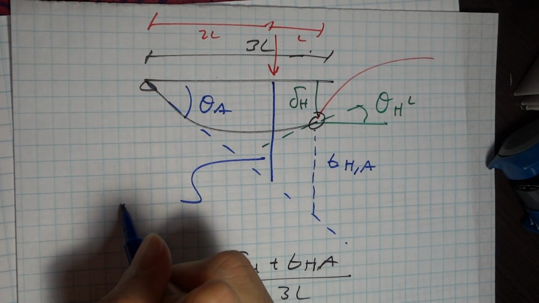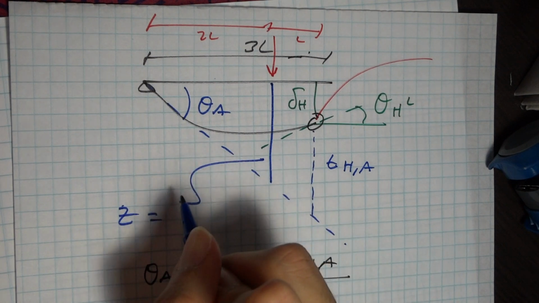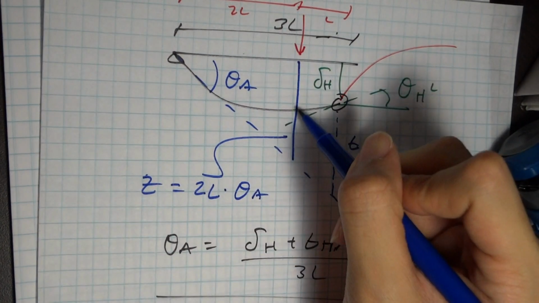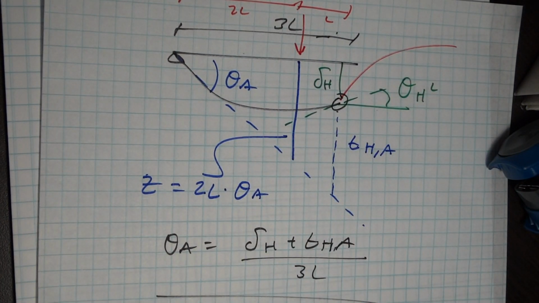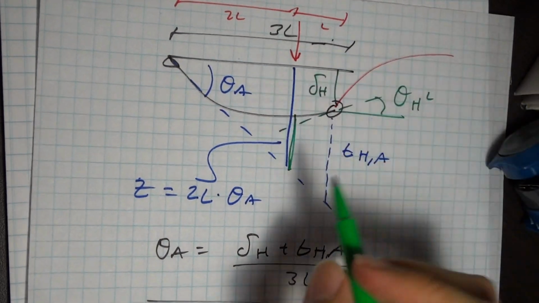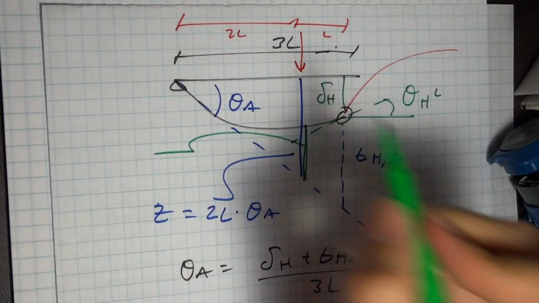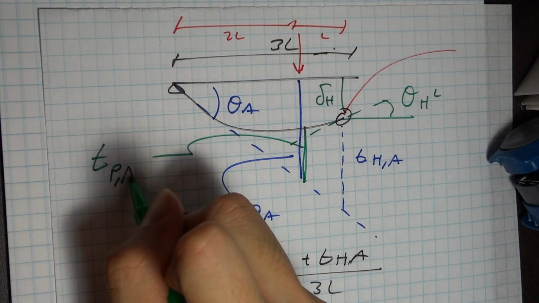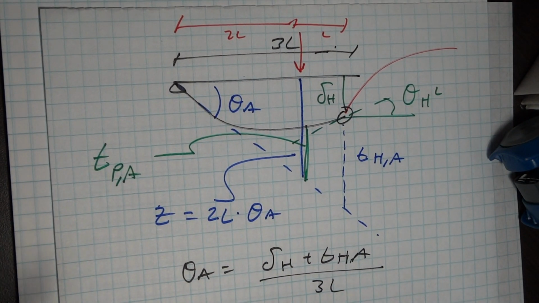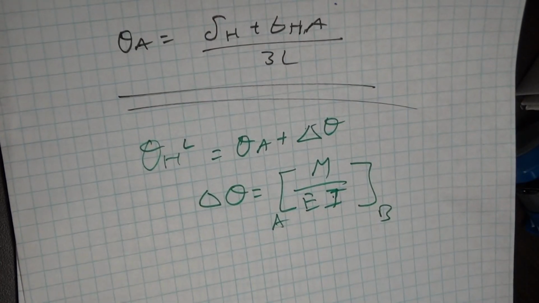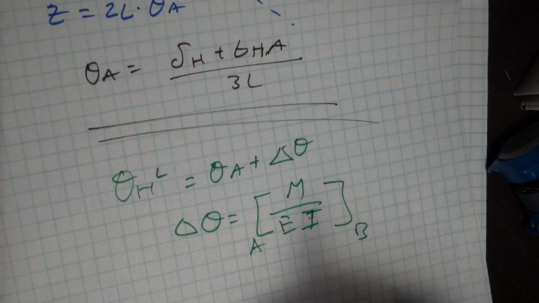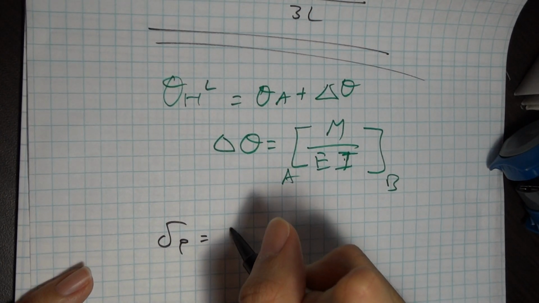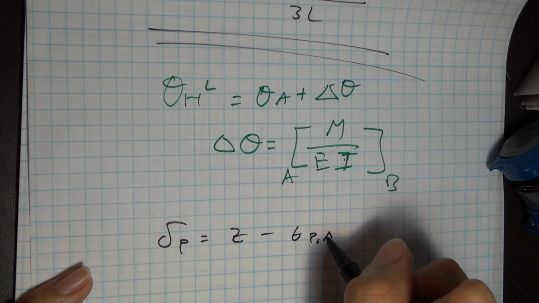Let's say that this is Z. Z is equal to 2L times theta A. I can also get this height, which is equal to t of the point load with respect to A, tPA. And therefore, delta P, the deflection underneath the point load, is equal to Z minus tPA.